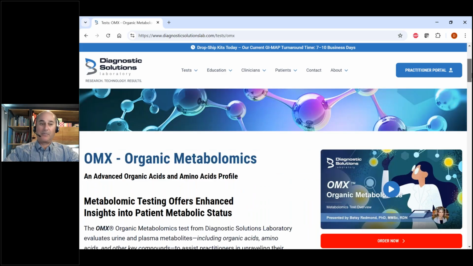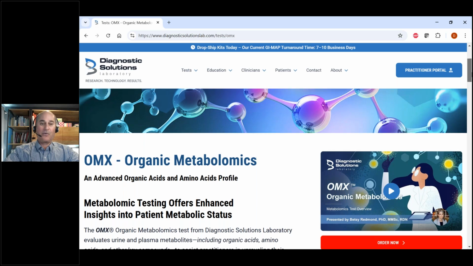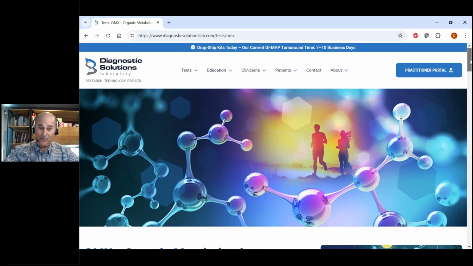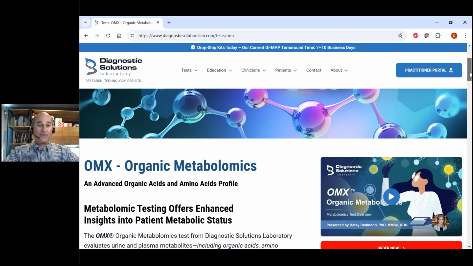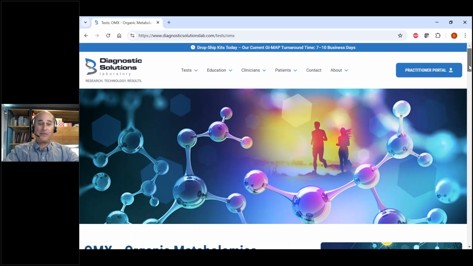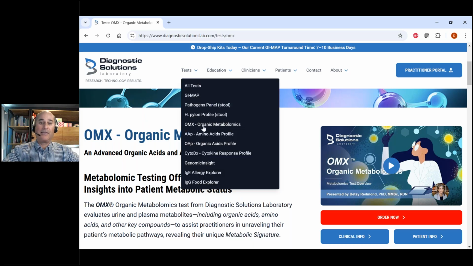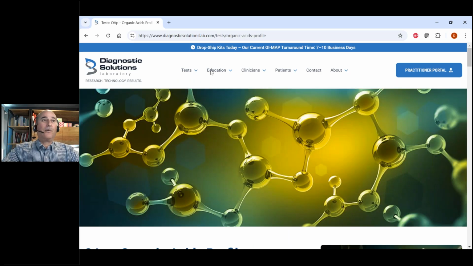It's got the plasma amino acids. Just make sure you order the plasma version of it. So it's a urine sample and a blood sample. It's way too much information for most of us in our first 5 years, but if you're advanced, you've been doing this for a long time, then the OMX is totally appropriate. It's the worst test to learn on. You want to learn on the first couple years, this one here, but if you're advanced, you can do the OMX for sure.